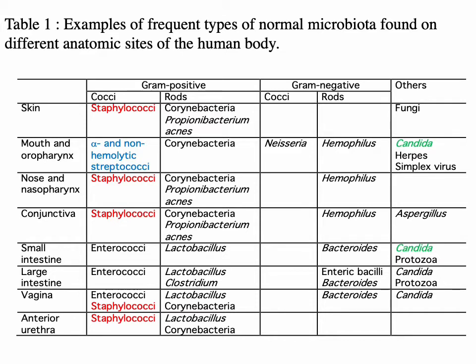The table is grouped into three basic columns: gram-positive, gram-negative, and others. Gram-positive and gram-negative refer to bacteria that stain gram-positive or gram-negative. Under others, you have fungi, viruses, and protozoa.